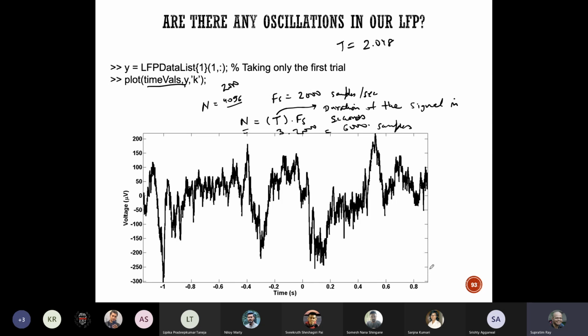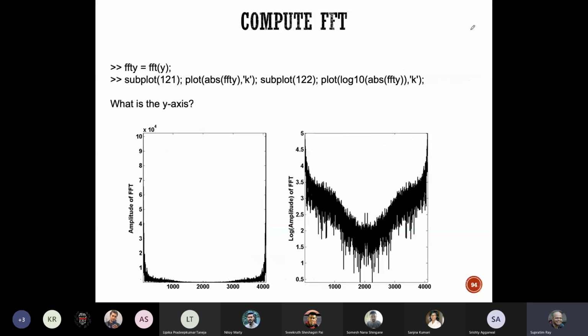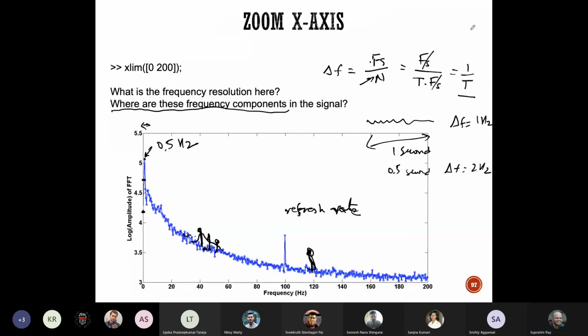So this adds up to about 2.048 seconds. So my frequency resolution is about 1 by 2.048, about 0.5 Hertz in this plot. Now my question is, this 100 Hertz oscillation, or this whatever 120 Hertz if there was a peak, or 0.5 Hertz, where is it in the signal?